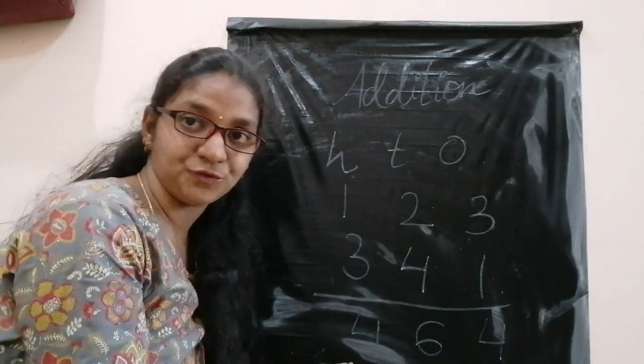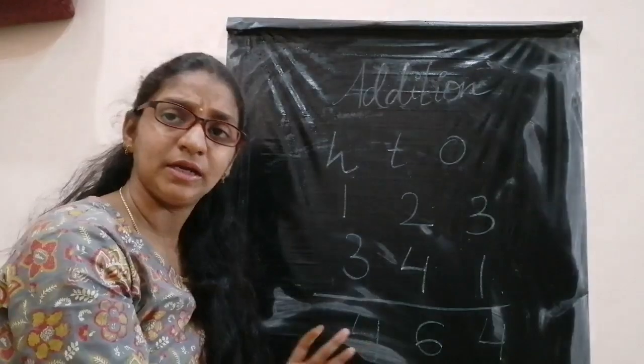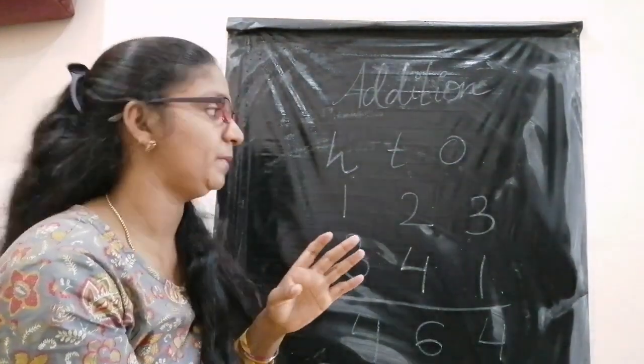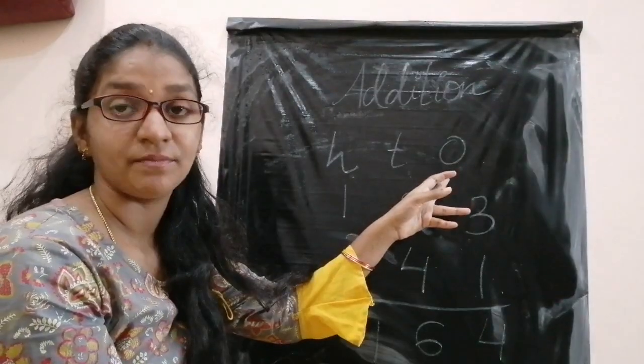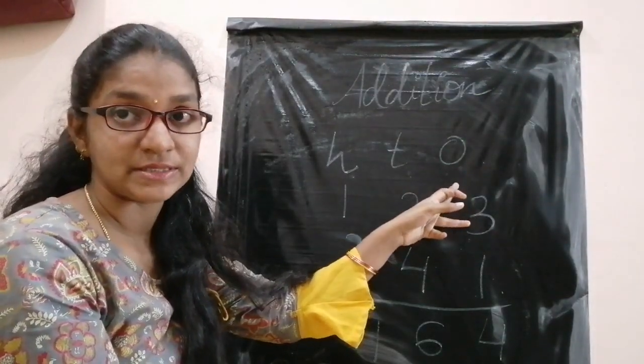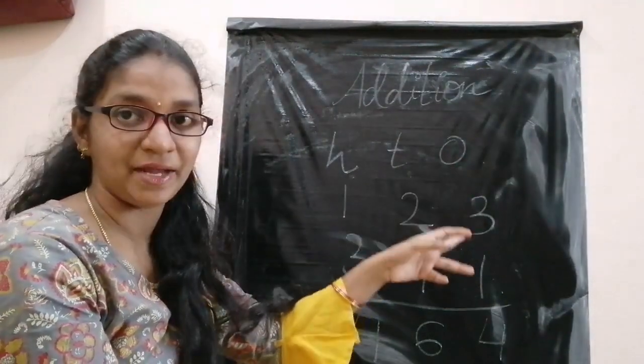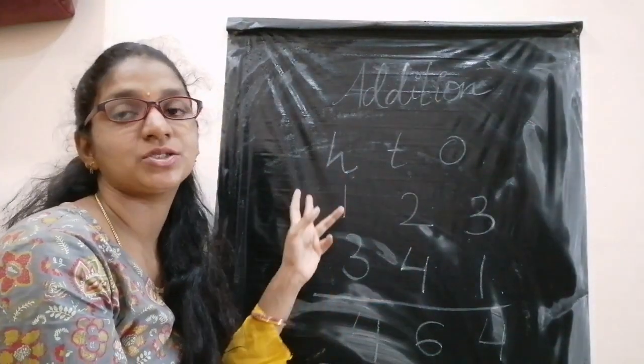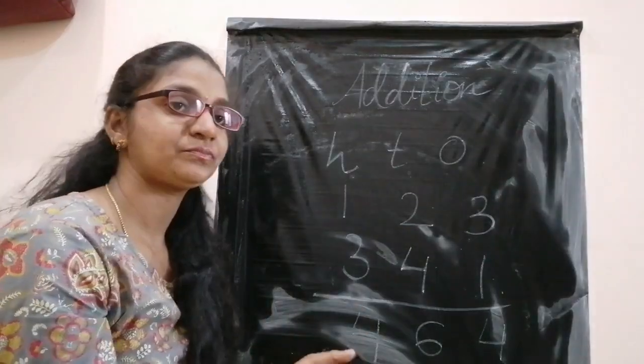This is the way we have to follow while doing the addition. It may be with carrying or without carrying or whatever it may be. First we have to add up the ones place and next shift to the tens place and then to the hundreds place.